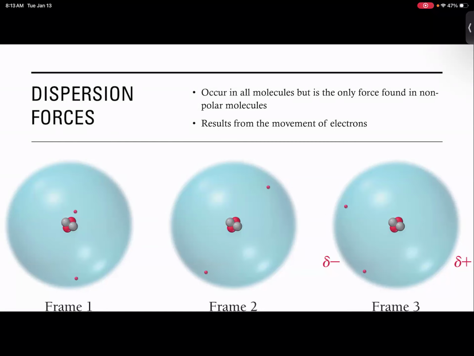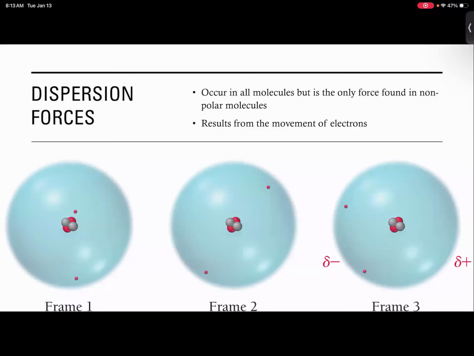And sometimes those electrons are going to wind up on the exact same side of the nucleus. If those electrons wind up on the exact same side of the nucleus, then we have an electron-dense area and an electron-poor area.